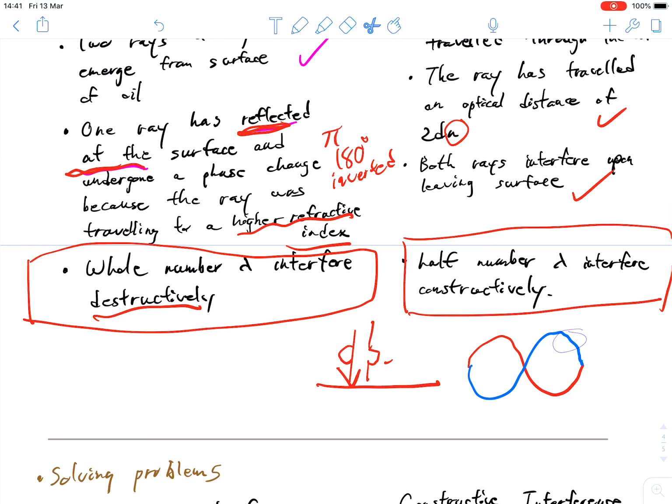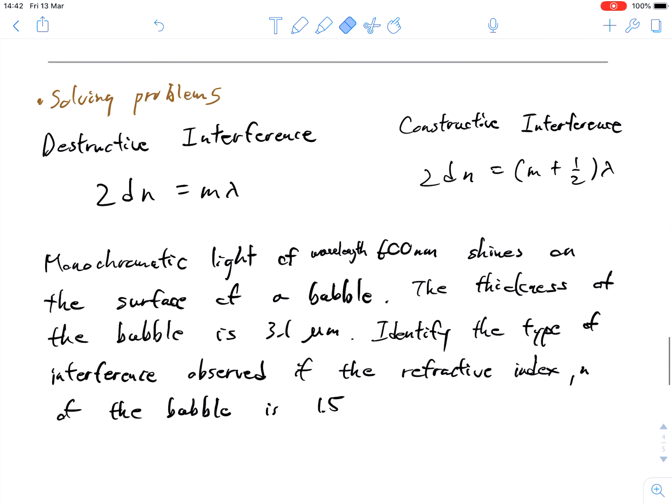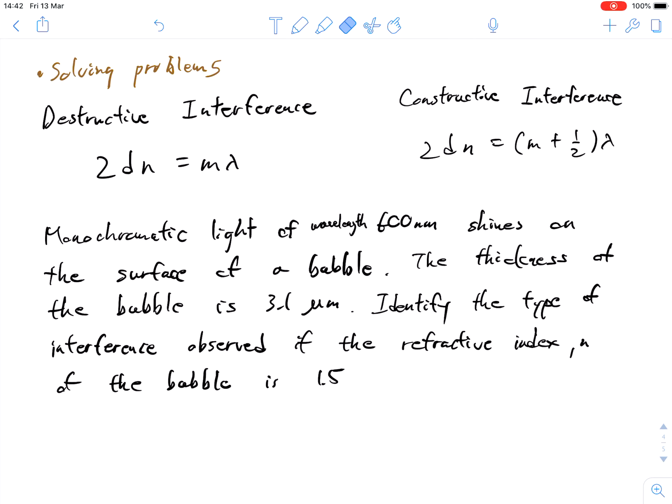Essentially, it's done a half wavelength shift like that, right? And so because of that, whole numbers destruct and half values construct instead. Okay, so if you're wondering what's going on, how come this is kind of backwards, it's because of that half phase change that happened. Okay, so in terms of solving problems, we've got two formulas: destructive for whole numbers, constructive for half numbers.